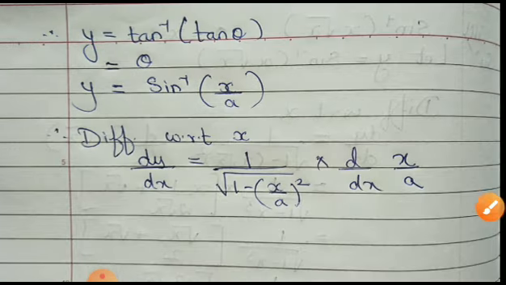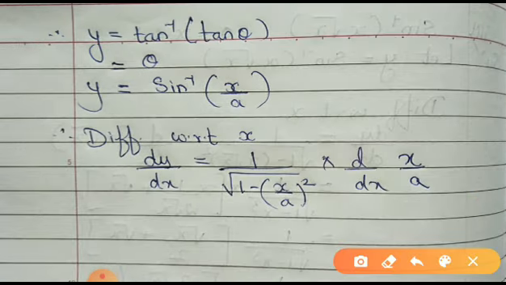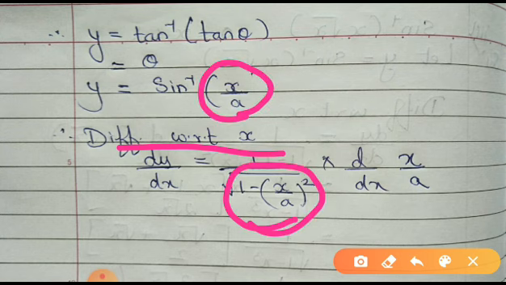Okay. So why I have this? Now differentiate it with respect to x. You know the derivative of sine inverse, so it is 1 by root of 1 minus x square. Don't forget your x is x by a. So instead of that, I have to write here, again, it should be multiplied with the derivative of x by a.